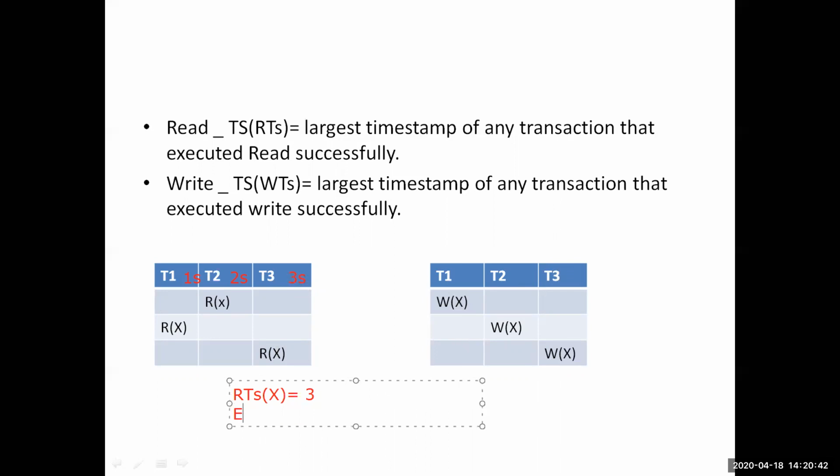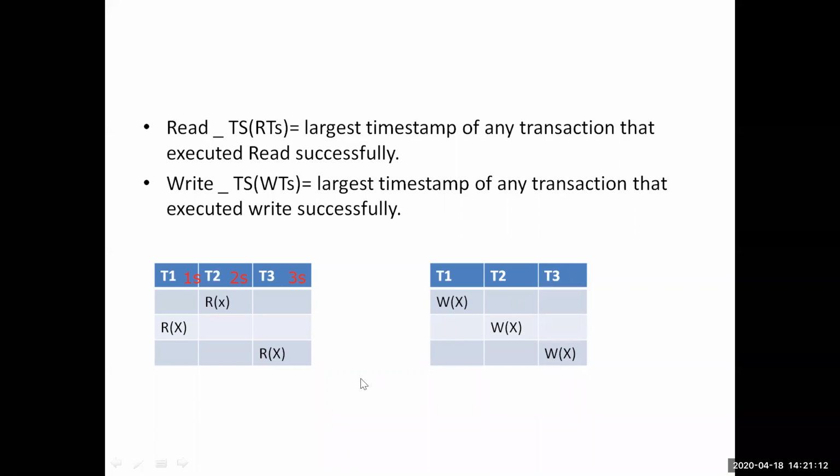So my write timestamp for X as per this example is equal to 3, because my T3 transaction is performing last read and write, and T3 timestamp is 3 seconds. So read timestamp for X is 3 and write timestamp for X is 3. Likewise, we are going to obtain the timestamp on this particular transaction.